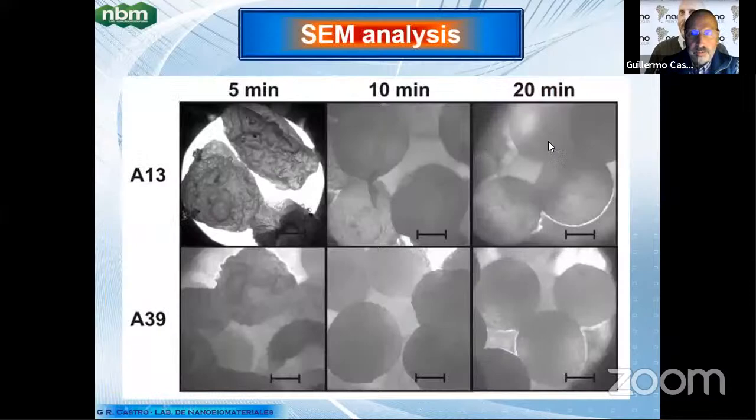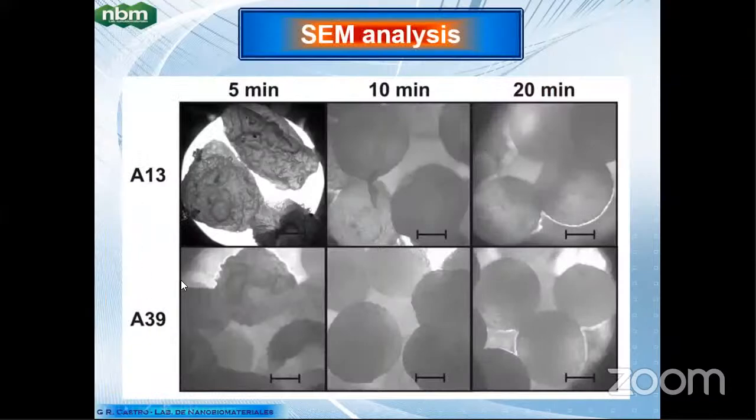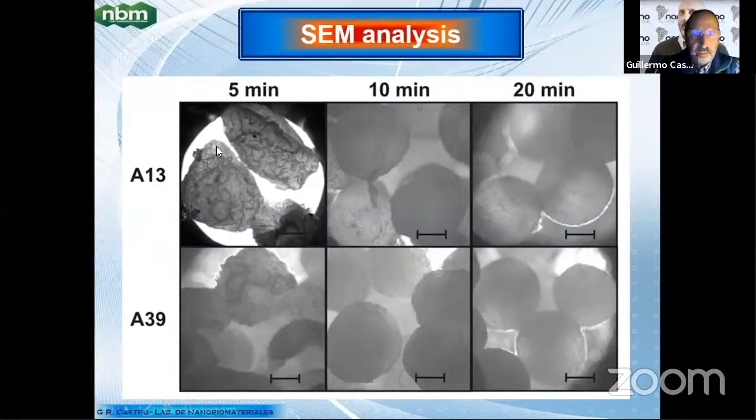Those are the structures of different concentrations of florfenicol, and as you can see, they start at 5 minutes, and at 20 minutes the growth of the microparticles is very good.